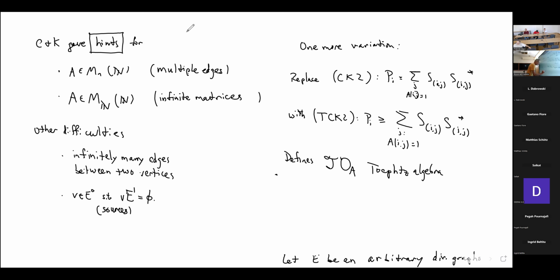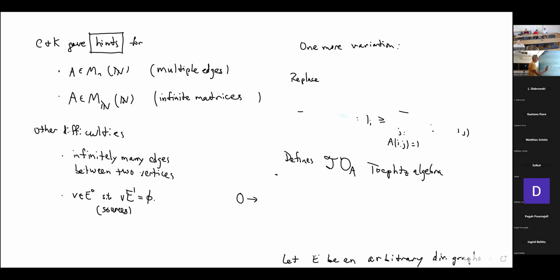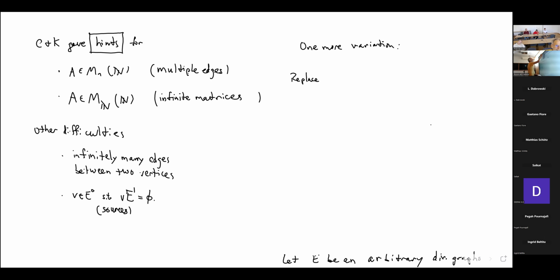So, we have an exact sequence. I know why this doesn't look right to me: in my notes, I was doing it for the Cuntz algebra, not for the Cuntz-Krieger algebra.